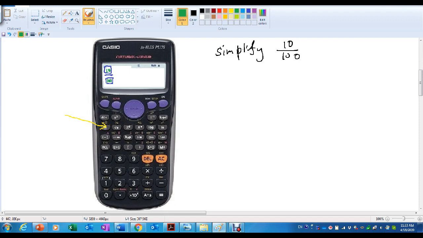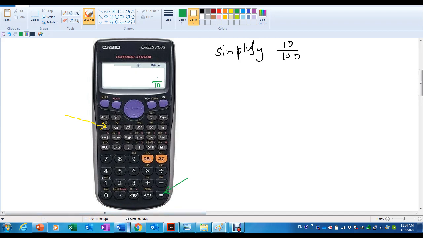So 10 over 100. Then you press this, and this will disappear, and your answer will show right here as 1/10. So that will be the answer. That's how we do it.